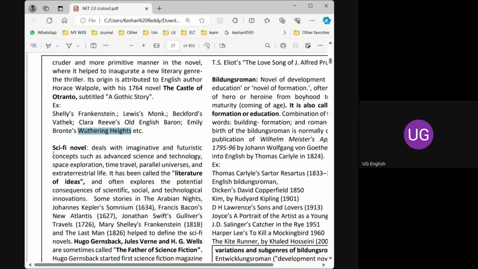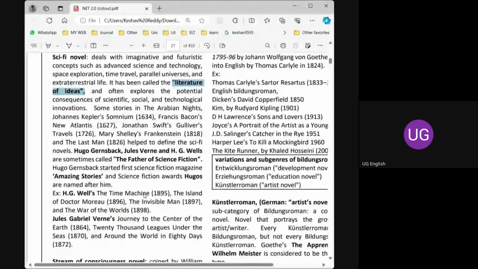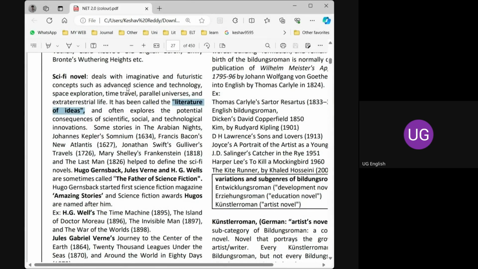And the next important one is scientific fiction. Generally, it is shortened as sci-fi. Sci-fi novel, or the other term for this is literature of ideas. Literature of ideas. So these scientific novels are generally set in a futuristic world. The world in 2050, the world in 2100, the world in 21,100.